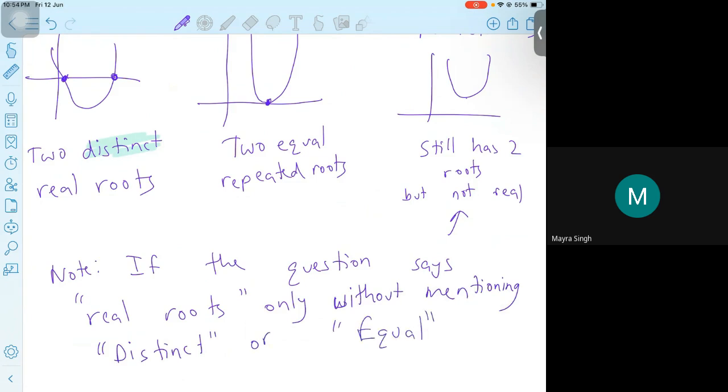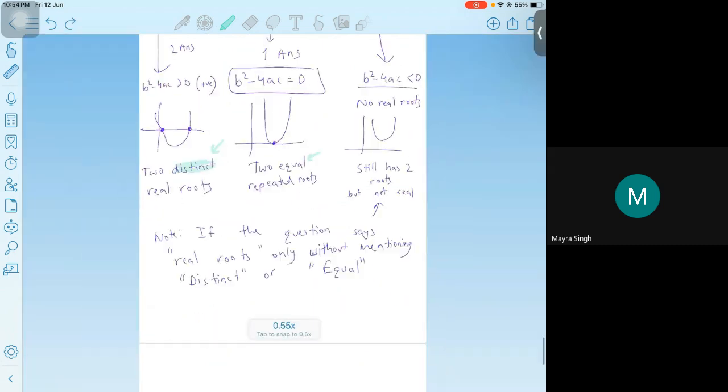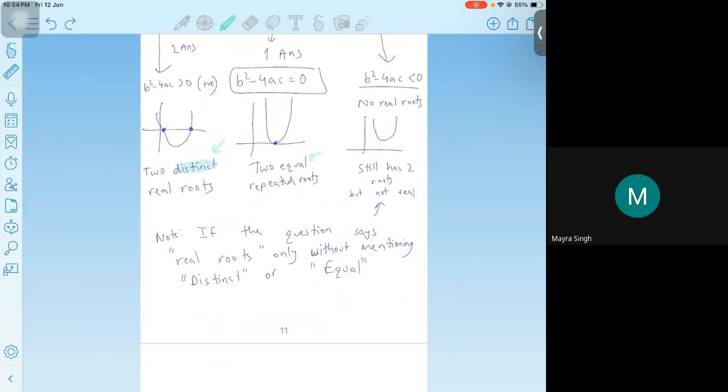So this note is for the questions where they only tell us that it's a real root, but they don't really specify distinct or equal. That means it could either be this scenario or it could also be this scenario. Since it's a real root, as long as it passes through the x-axis, it should qualify for the condition.